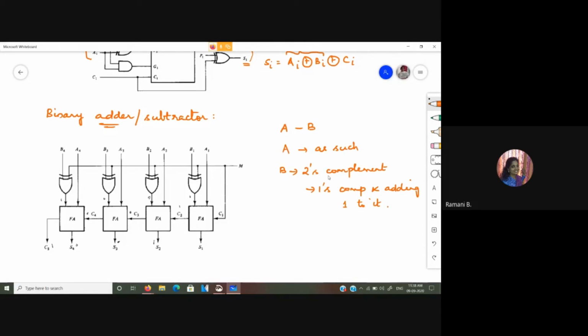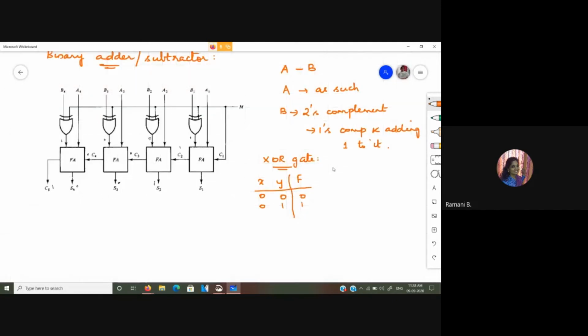General thing about XOR gate also I will say so that you could relate it. So with XOR operation, we know the truth table as 0, 0 is 0, 0, 1 is 1, 1, 0 is 1 and 1, 1 is 0. So consider these two cases.